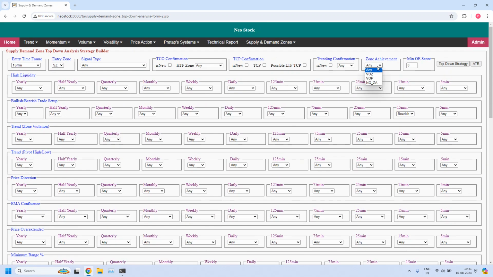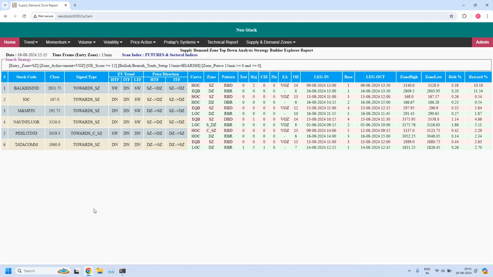Zone achievement is violated opposing zone. Minimum order enhancer score is 12. Now let's filter the stocks. Now all the 3 filters are applied to 15 minute supply zone. So 6 stocks are filtered. And these 6 stocks are supporting bearish trade setup for daily income trade.